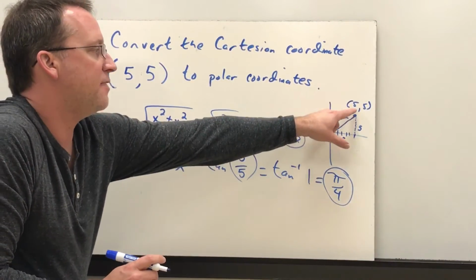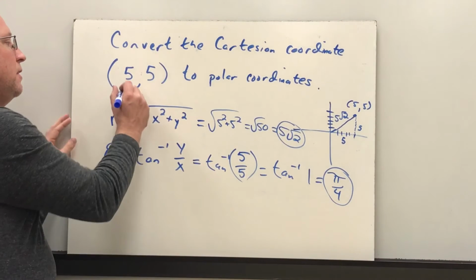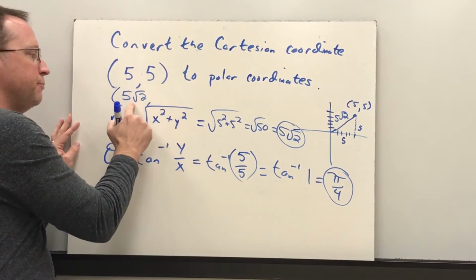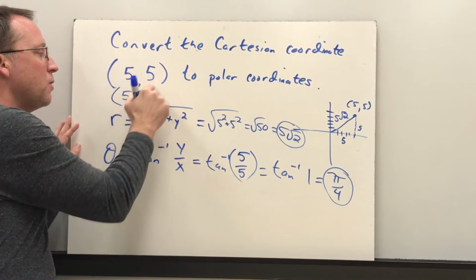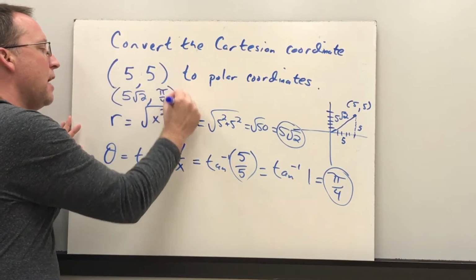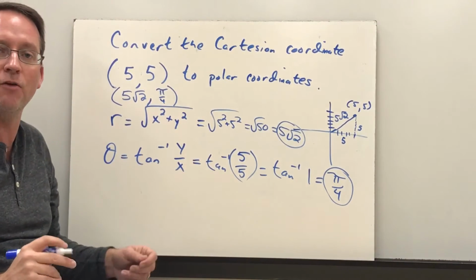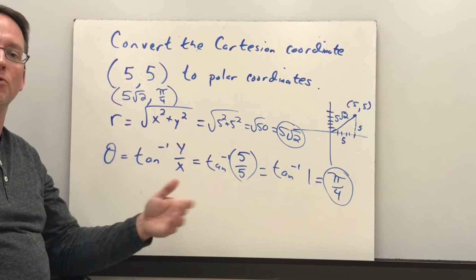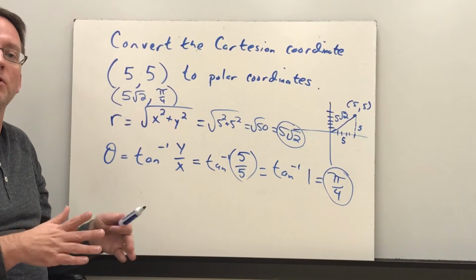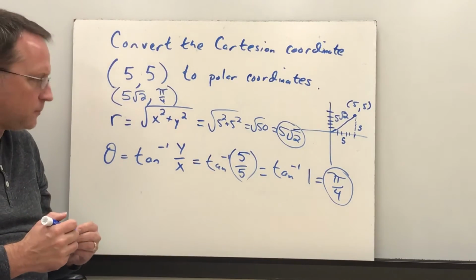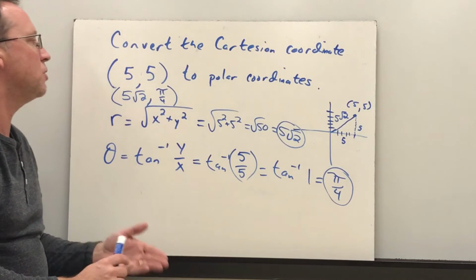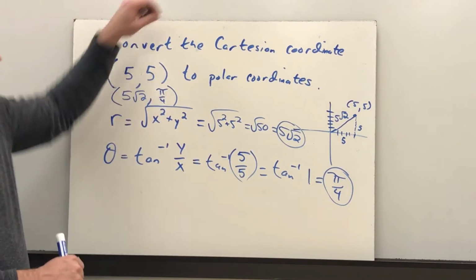So we could take that point 5 comma 5, and as a polar coordinate, write it as 5 radical 2, basically the hypotenuse of this right triangle, and then the angle theta would be pi over 4, the arctan of y over x. Again, y over x, sine over cosine, gets you that tangent expression. So that's how you convert something from Cartesian to polar coordinates. So now we can swap from one to the other, Cartesian to polar, polar to Cartesian.